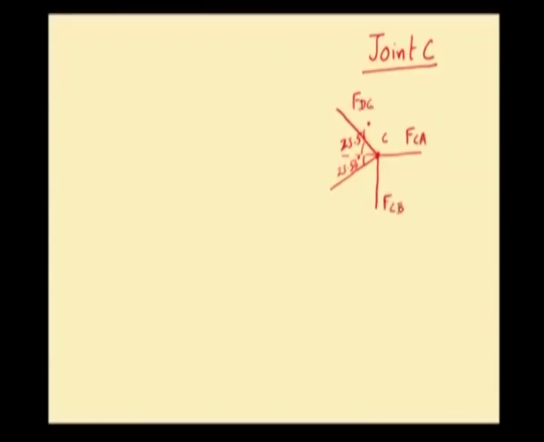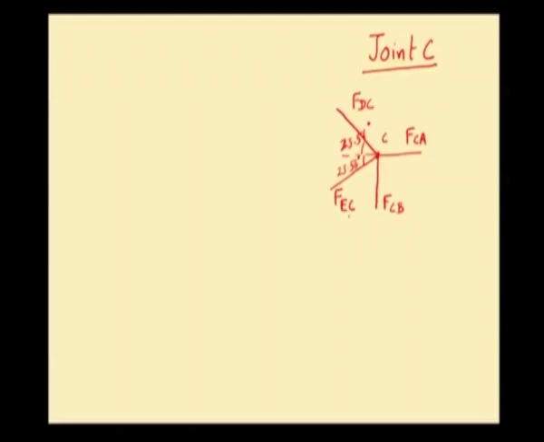Now, let us move on to the next joint, which will be joint C. I am drawing the free body diagram of joint C here. Joint C is acted upon by 4 forces, which are FCA, FCB, FEC and FED.